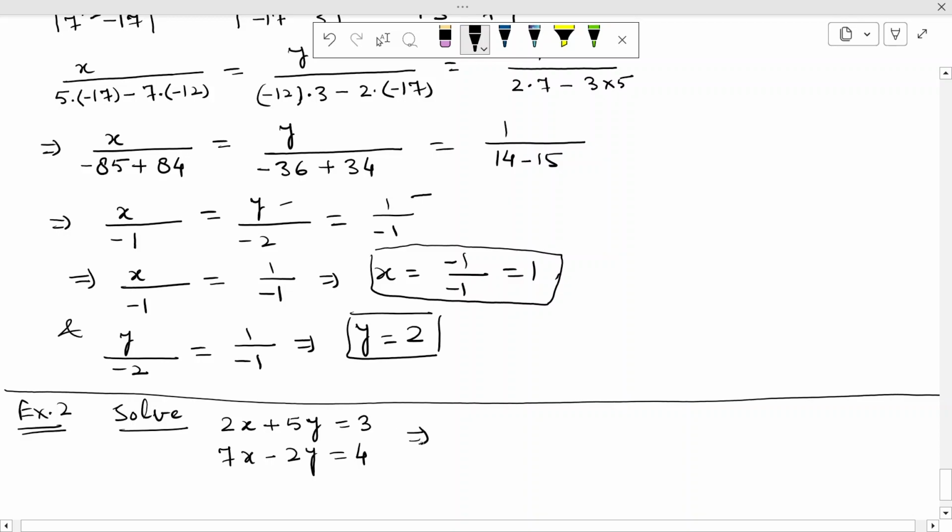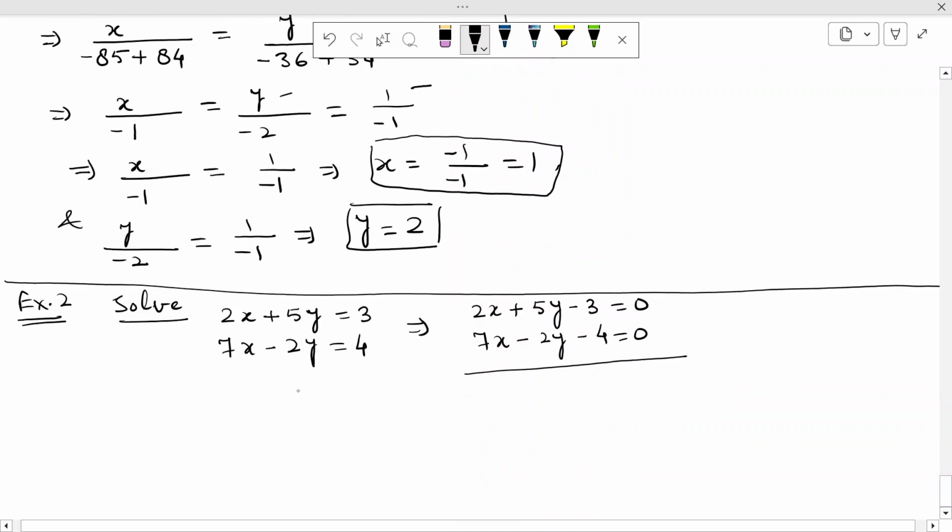So from here we convert it into the standard form, means we have to make the right hand side as 0. So for this we have to transfer this 3 in equation 1 towards the left hand side. So we are having 2x plus 5y minus 3 is equals to 0, और यहाँ पर नेक्स्ट इक्वेशन में आपको मिलेगा 7x minus 2y minus 4 is equals to 0.